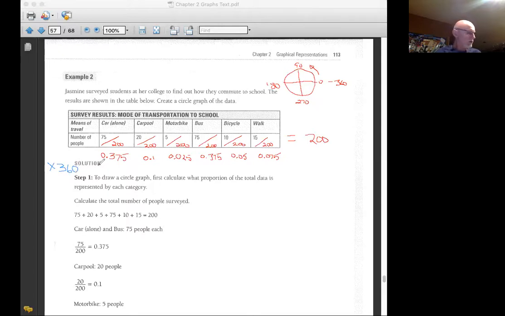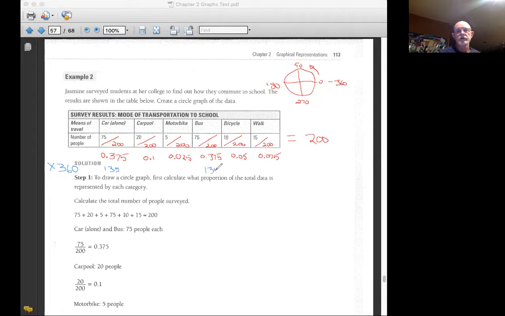Okay, so what that does, 360, you can see, is the equivalent of 135 degrees. It's quite a chunk. 135, and this guy's the same, so I'm going to just do him already.